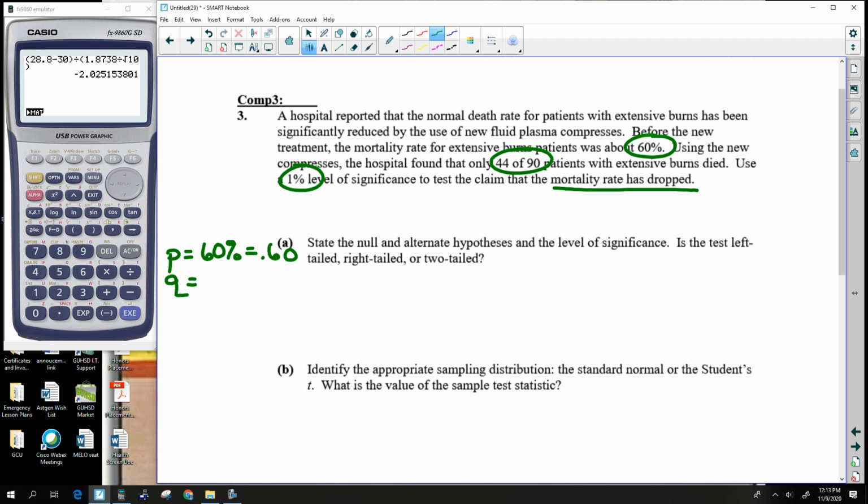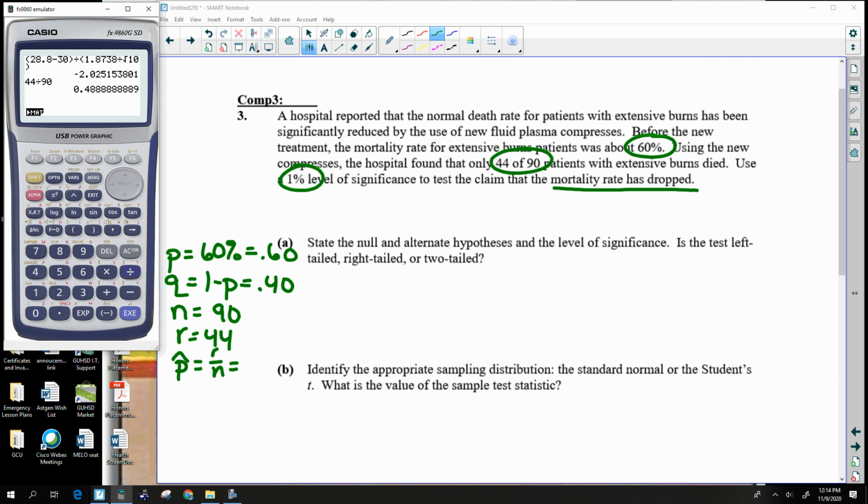Okay, that means failure, if it's living, yes, is 40%. We took a sample of 90 patients, and it showed that 44 of them passed away. And so this is R divided by N, so that's 44 out of 90, 0.48889.